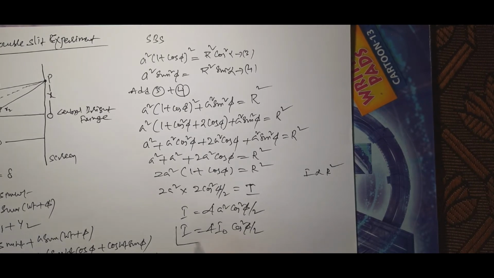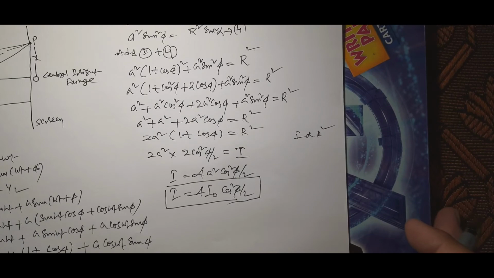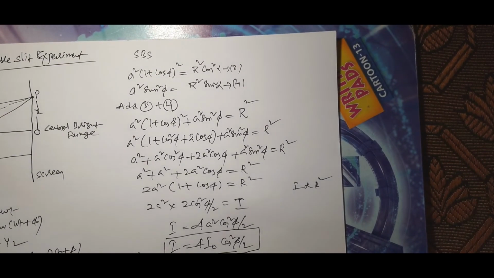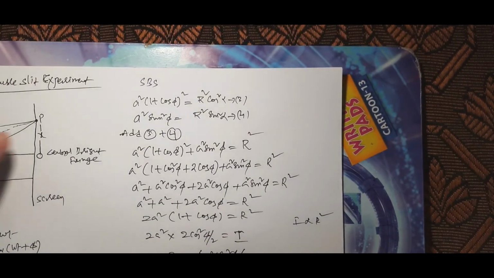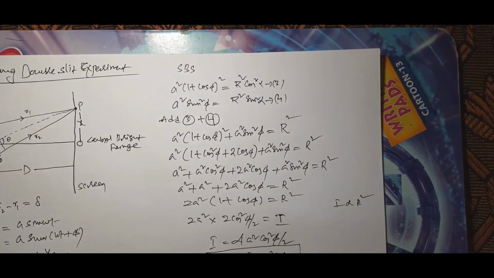So this is the resultant intensity at point P when two light waves are superimposed on each other.